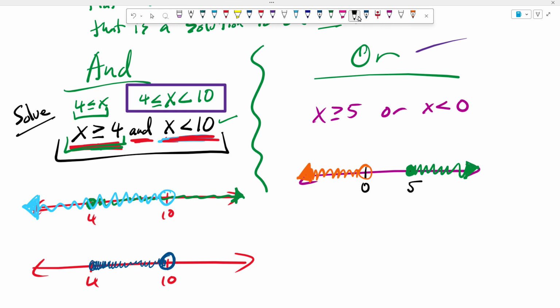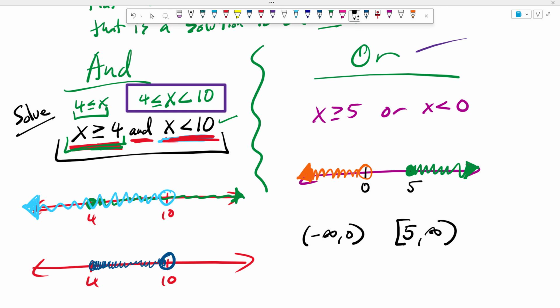And then to write this in interval notation, we have to write two separate intervals. So from negative infinity to 0 and 5 to infinity, which are two different sets.